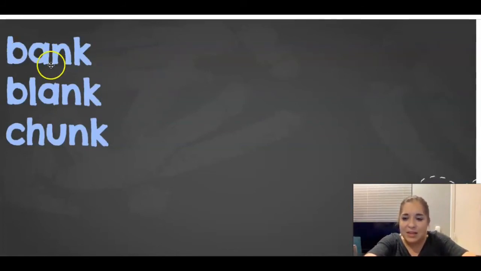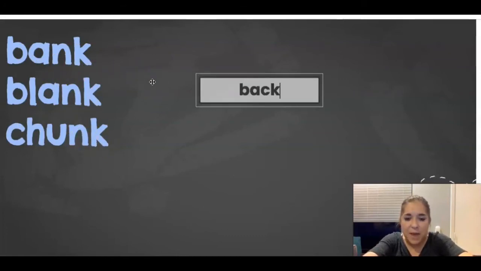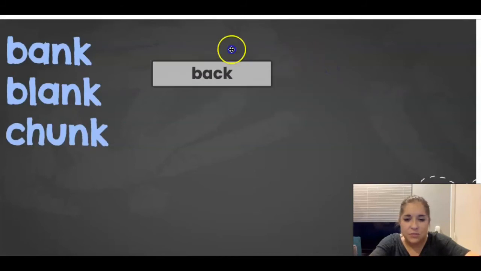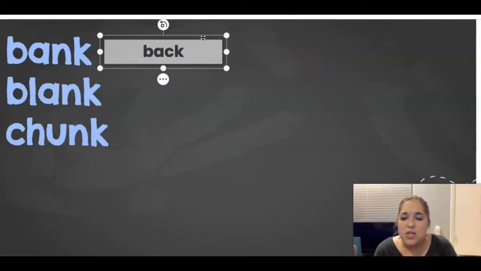So let's look at an example. You might think that bank has the same letters in it as the word back, but let's look at these two. When I look at these two words, they start off the same and they both end with a K sound. But in the word back, it has CK, which makes the K sound. And in bank, it has an NK.